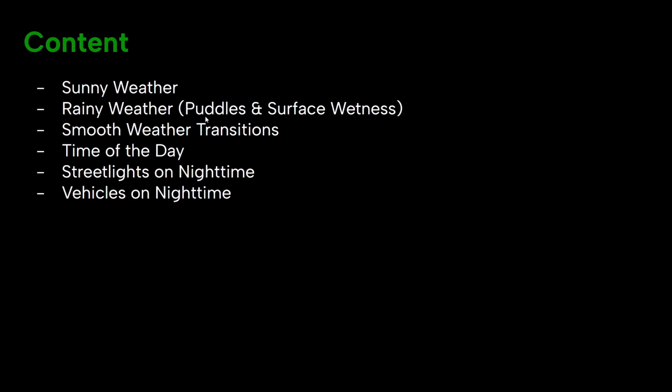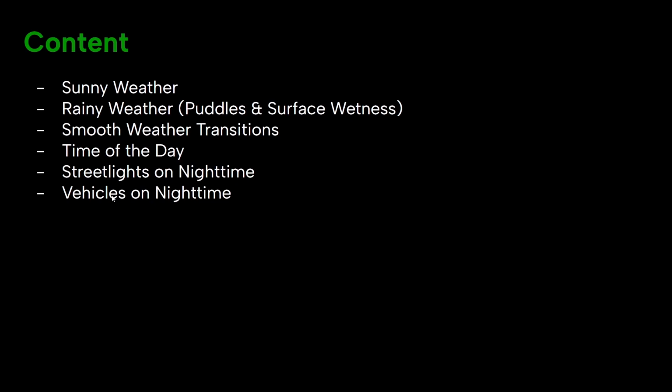And after that, we have time of the day related effects. So there we are going to discuss how the street lights, which means the custom actors populated along the road, react to a certain time range of the day. For example, at night time those street lights should be turned on, and at daytime they should be turned off.